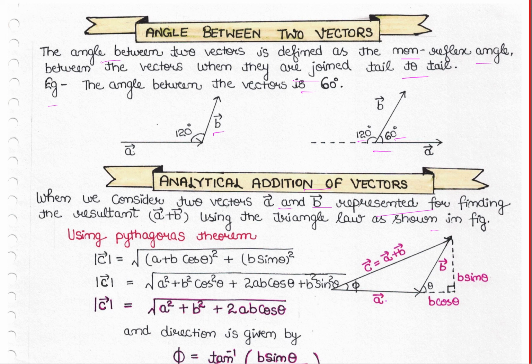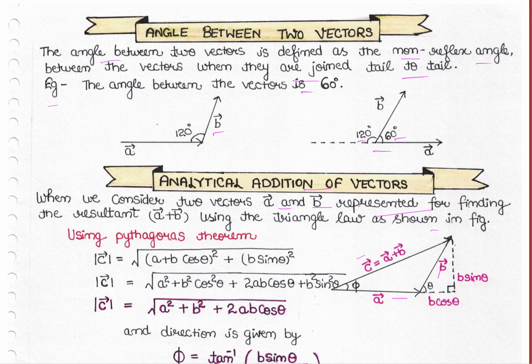So here this is A vector, this is B vector, and this is C vector, that is the resultant vector making an angle phi with A, and theta is the angle between A and B as an outer angle.